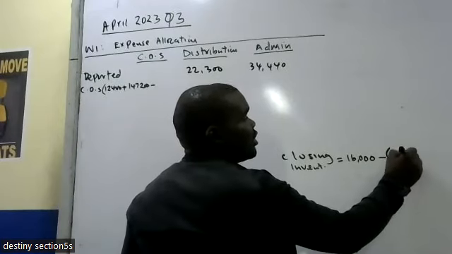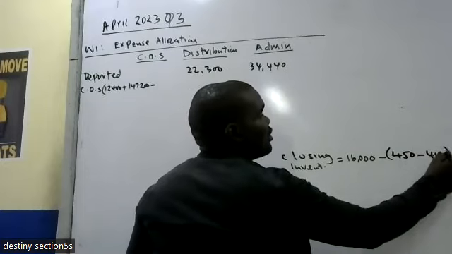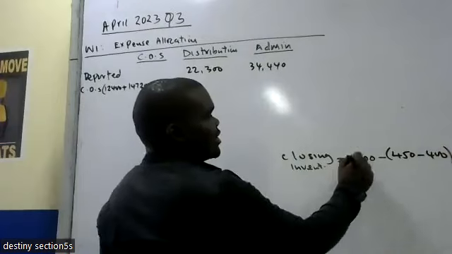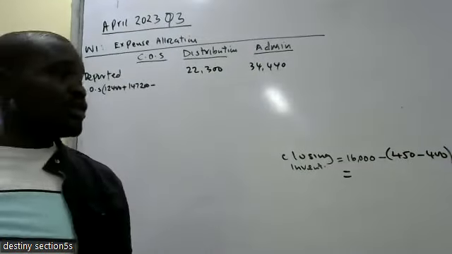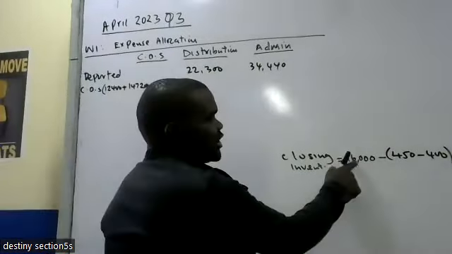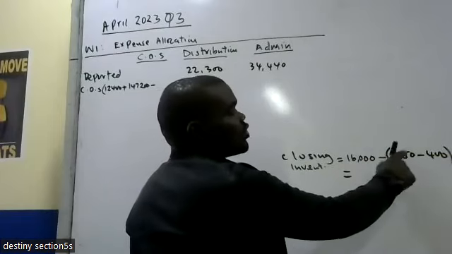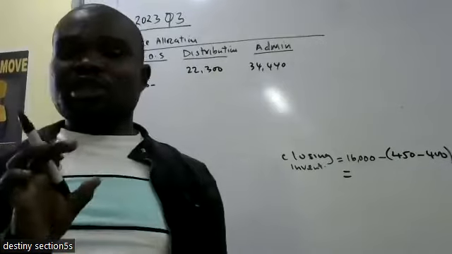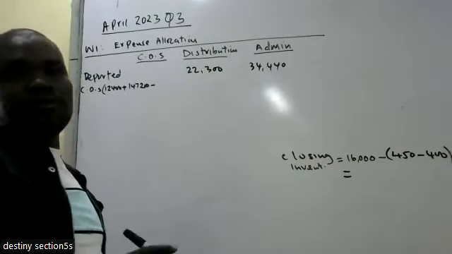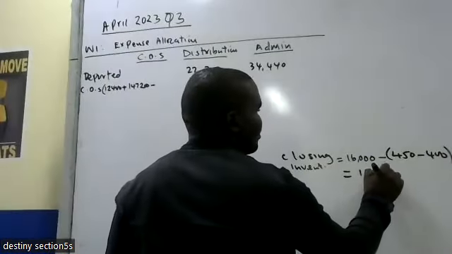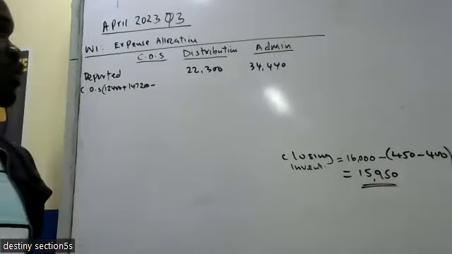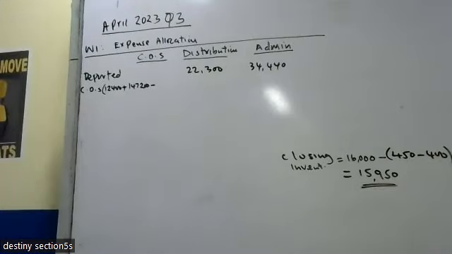So generally, the expected loss is 50. So 16,000 minus that, what do you get? Because this is the cost inside here, but if you sell it, you will get 400. It means there is an expected loss in the closing stock. So 15,950. That is the cost in that stock.